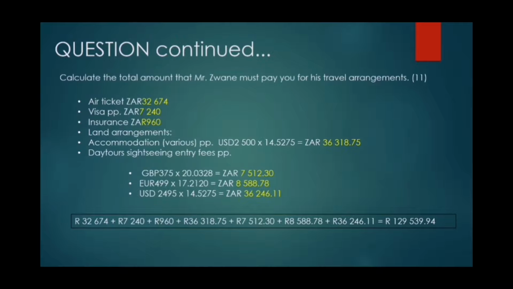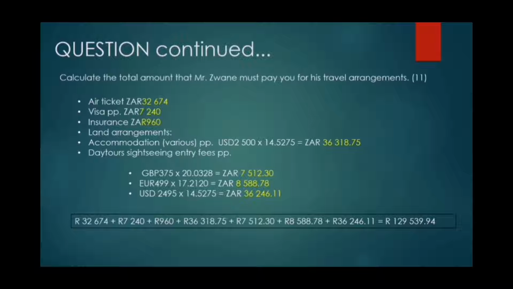Then you go into applying the conversion rules and the ROE. It is advised that you rewrite the travel arrangements as they appear in your scenario. So you write the cost for your ticket, visa application, insurance, and then your land arrangements. Then you start doing the conversion from that point on.